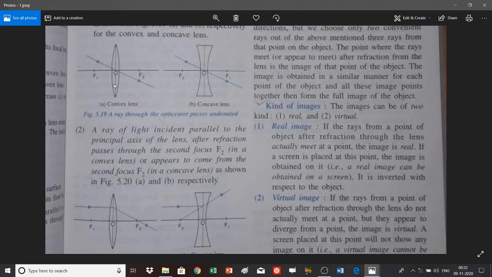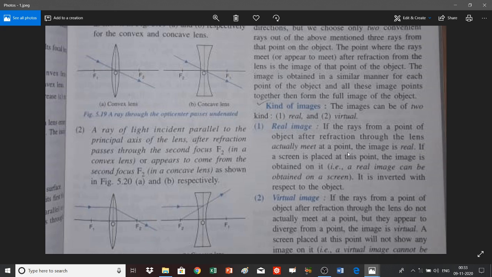If you consider a convex lens and parallel rays, these parallel rays will meet at the focus point f2. So here these parallel rays are converging. In the case of a convex lens, all the rays meet at a certain point and form an image that can be obtained on a screen.